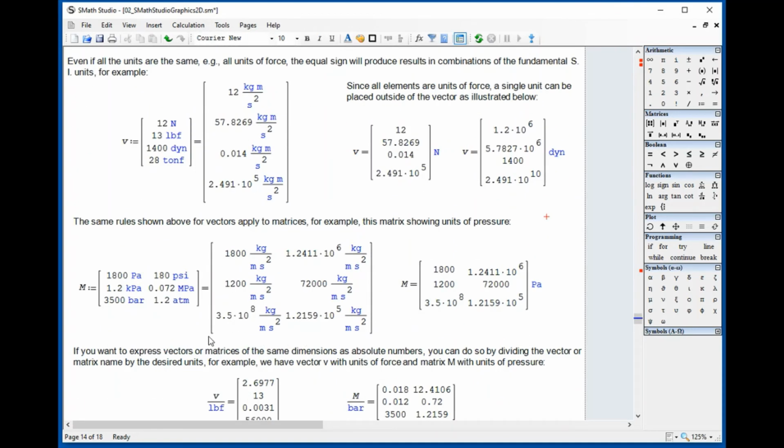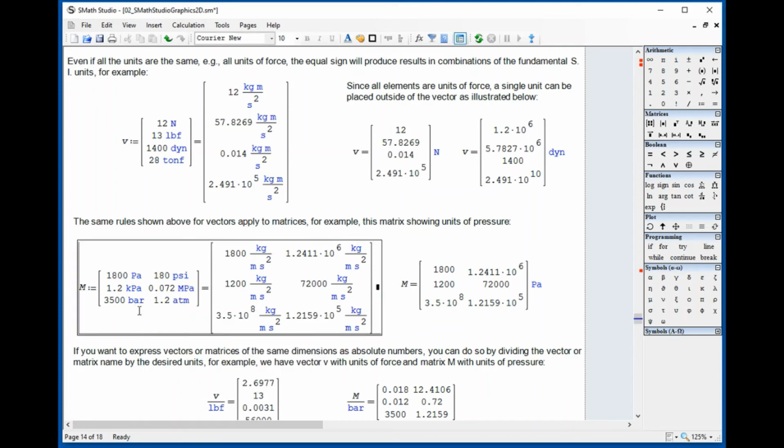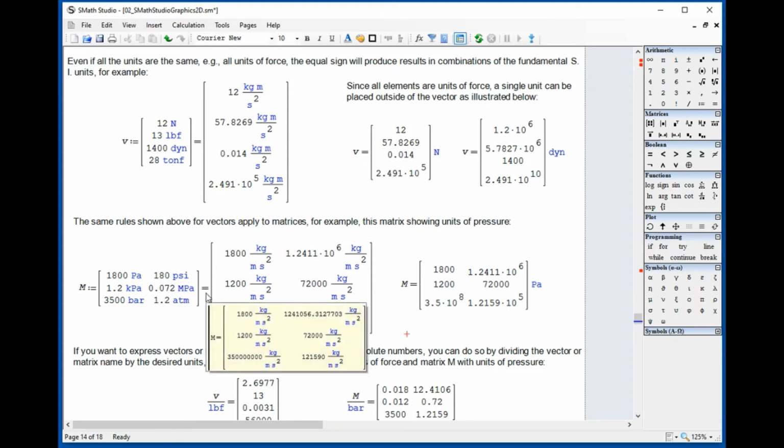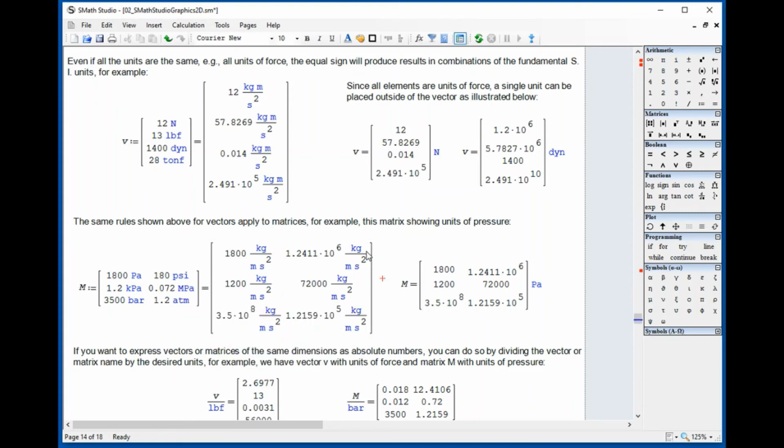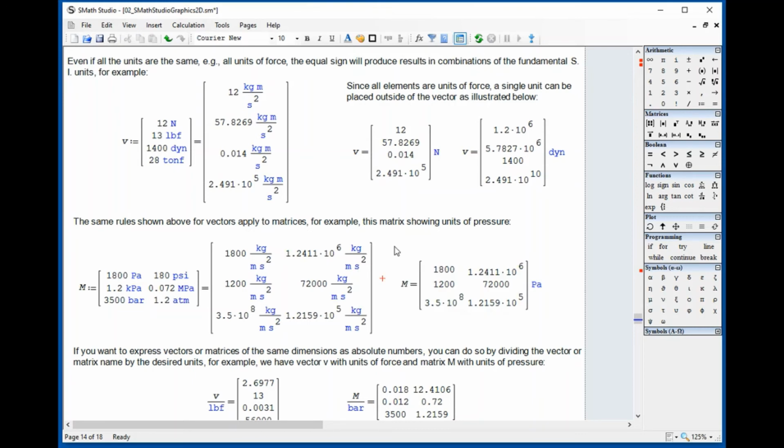In the following example, I'm using a matrix. This matrix has 3 by 2 elements, 3 rows and 2 columns, where all the units are units of pressure. So when I make the equal sign, I get the basic unit of pressure in the international system, the Pascal, which is a Newton per meter square. But the Newton is kilogram times meter per second square.